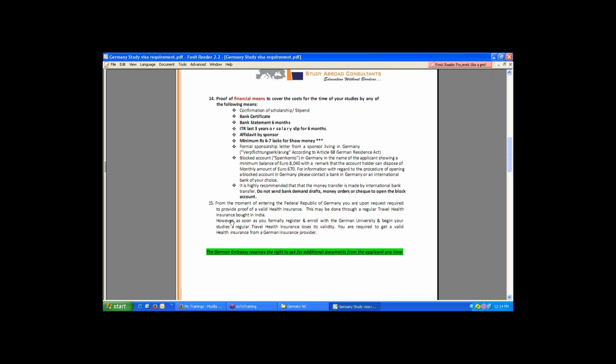Even if their blood relative wants to sponsor the student, they can, with the help of financial documents like a bank certificate, bank statement of the last 3 to 6 months, income tax return of the last 3 years or salary slips for the last 6 months. In case of unavailability of income tax return, Form 16 will work. Sponsorship letter or affidavit for the sponsor.